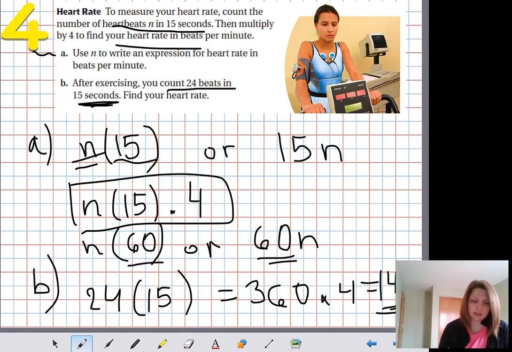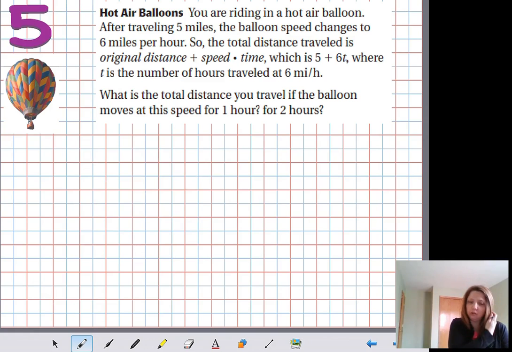Okay, and the last example here will be hot air balloons. You're riding in a hot air balloon. After traveling 5 miles, the balloon speed changes to 6 miles per hour. So the total distance traveled is original distance plus speed times time, which is 5 plus 6 times t.